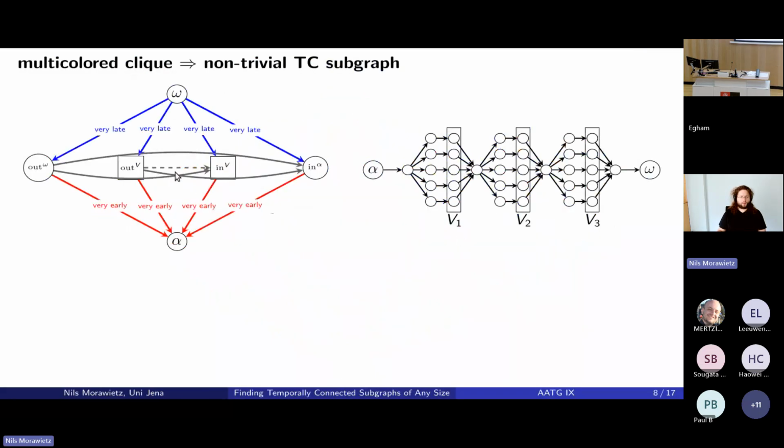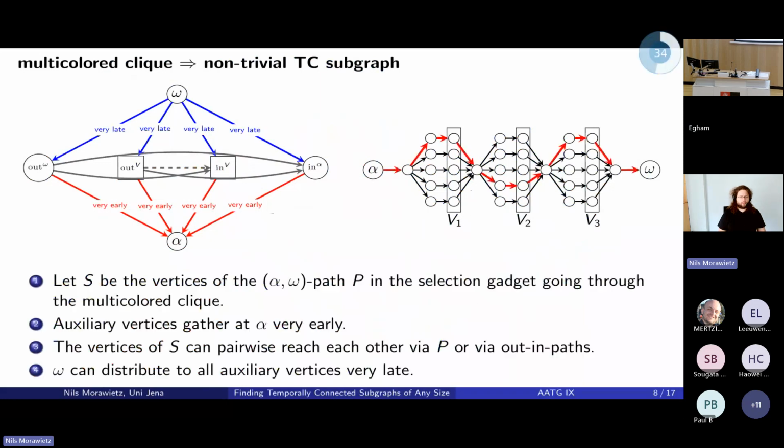So seeing both together, we have our connection gadget and our selection gadget to the right, and say we have some alpha omega path. These vertices on it are S, and this is the path to the right here. This selects us some multicolored clique vertices, and what we now have is all these auxiliary vertices can go very early to alpha, follow over this path to omega.